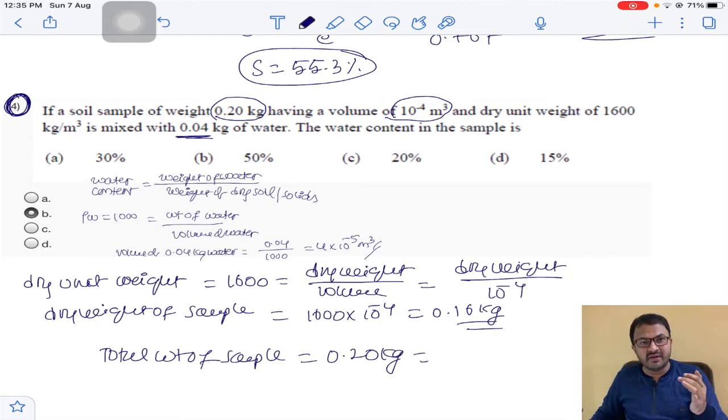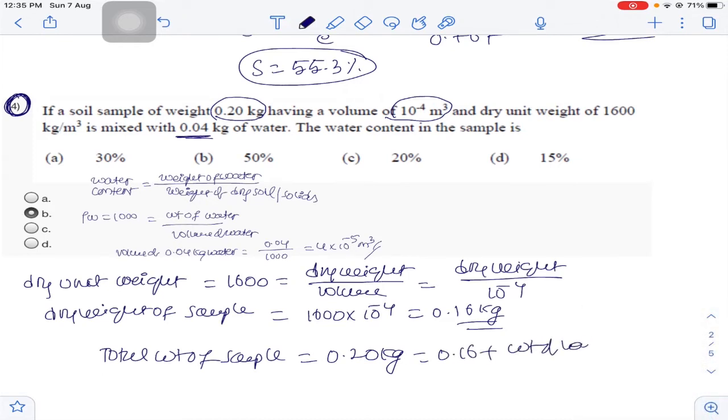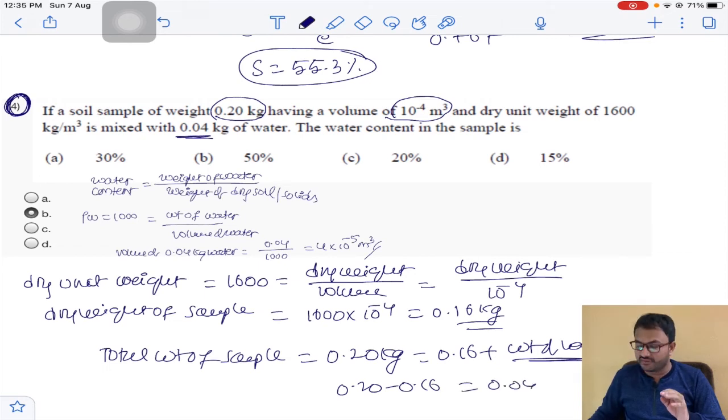This total weight of sample is equal to weight of dry soil, that is 0.16, plus weight of water which is already present in the soil. So how much will you get? 0.20 minus 0.16, 0.04. So from this we can say that there is already 0.04 kg of water in the soil.